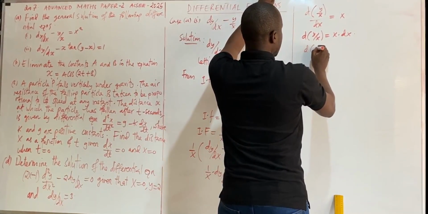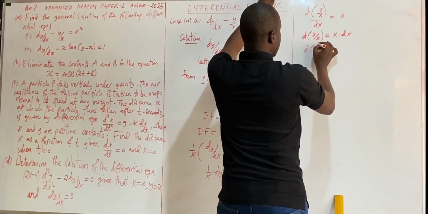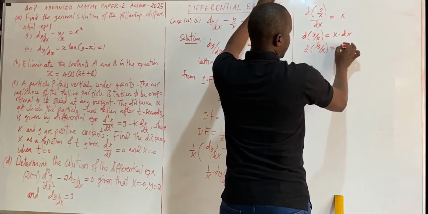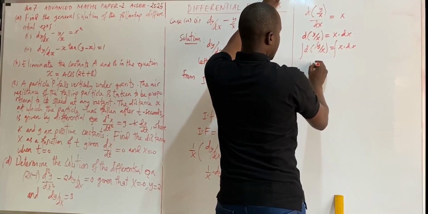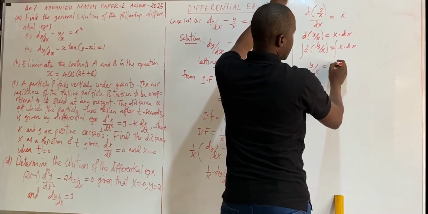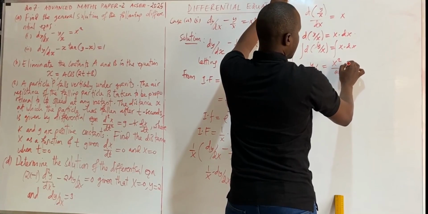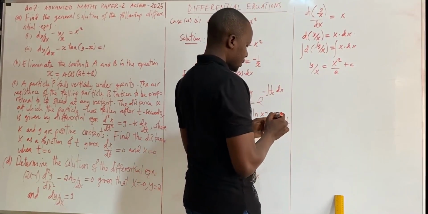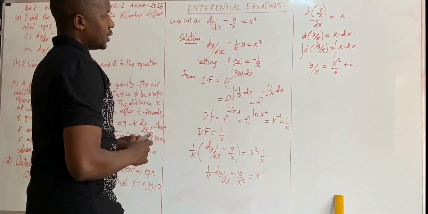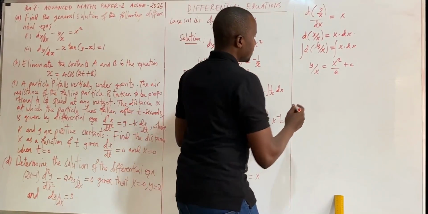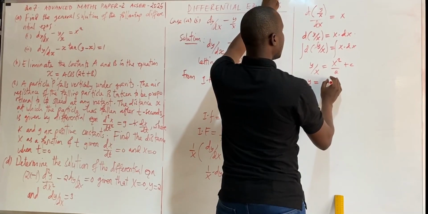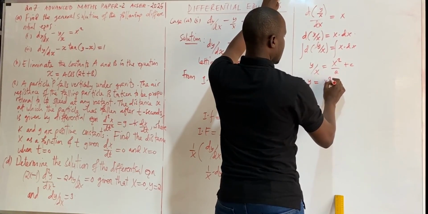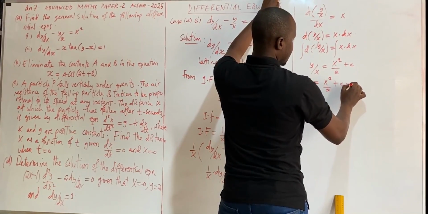So d of y over x equals x dx. If we apply integration both sides, we end up getting y over x equals x squared over 2 plus c, the constant. From there, if we multiply by x at every term, we end up getting y equals x cubed over 2 plus cx.